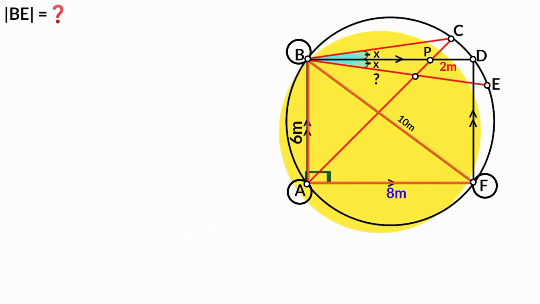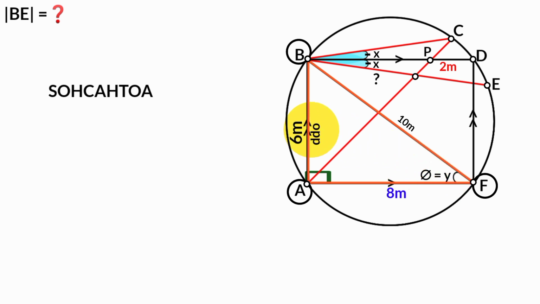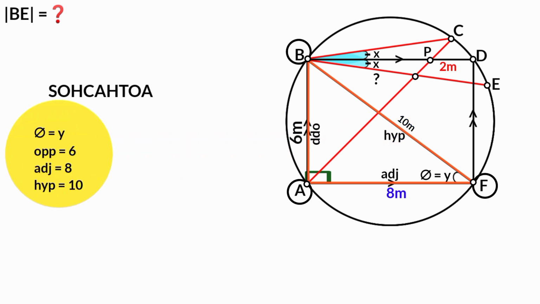Now still on this triangle, if we assume the size of this angle to be y, use the SOHCAHTOA, let y be theta. This must be the opposite, this is the adjacent, and this is the hypotenuse. So theta equal to y, opposite equal to 6 meters, adjacent equal to 8 meters, and hypotenuse equal to 10 meters.